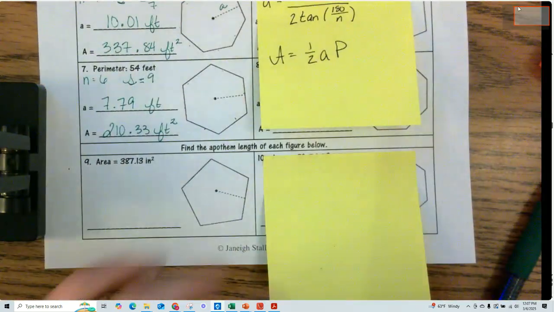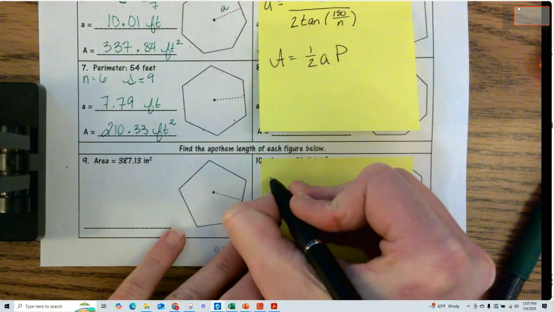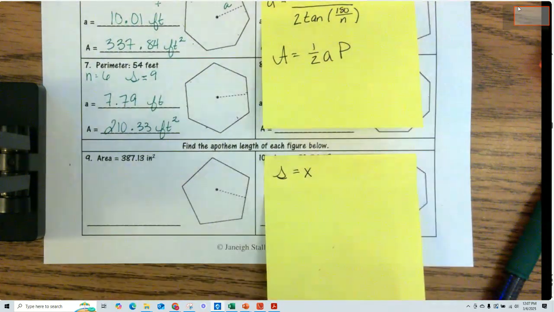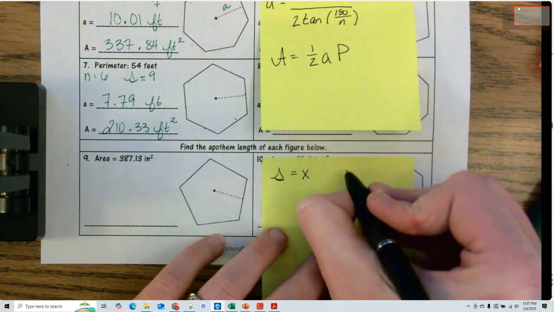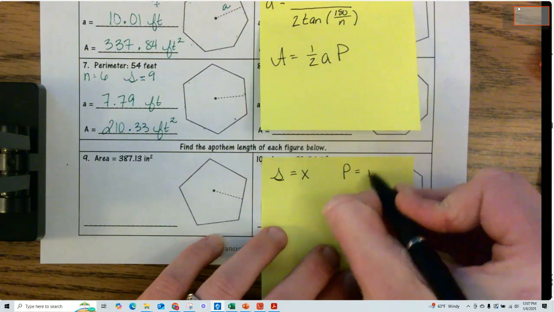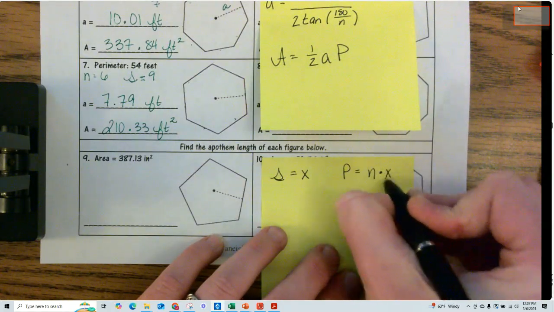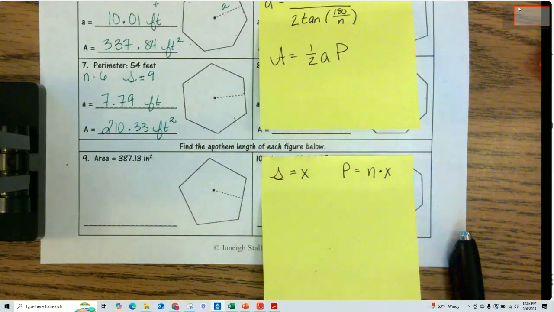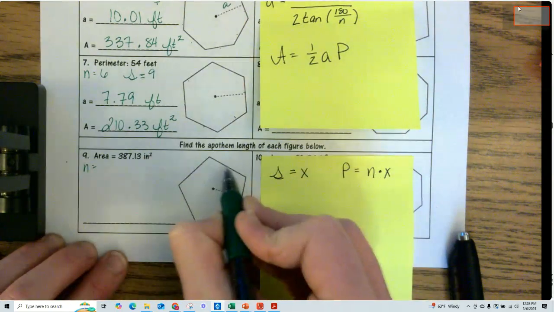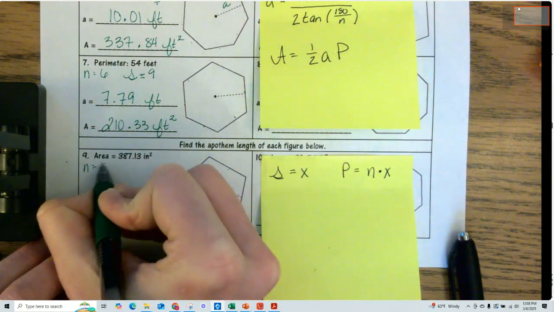So on 9 and 10, our side length is going to be equal to x. And then our perimeter is going to be equal to the number of sides times x. Number of sides we can find. The n value we can find. 1, 2, 3, 4, 5 sides.